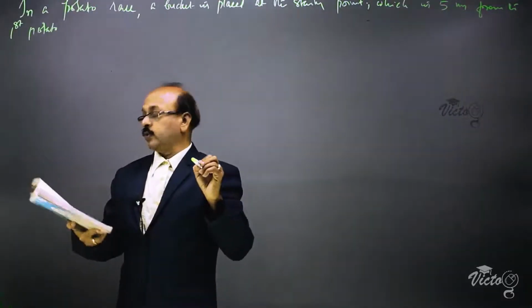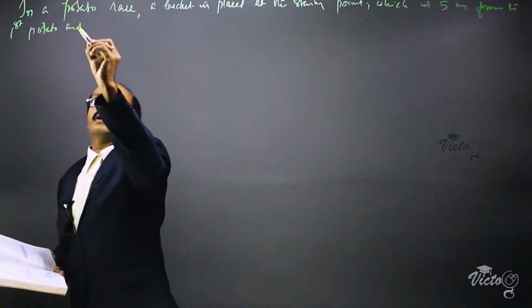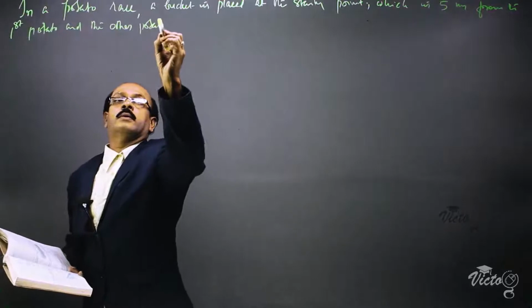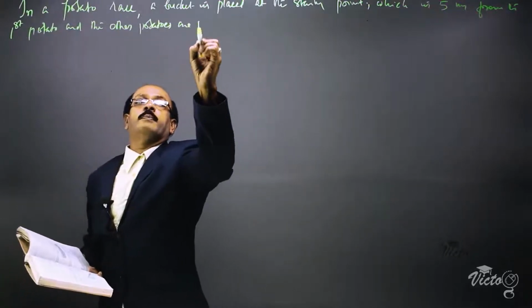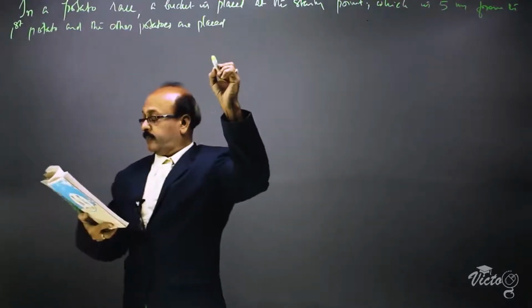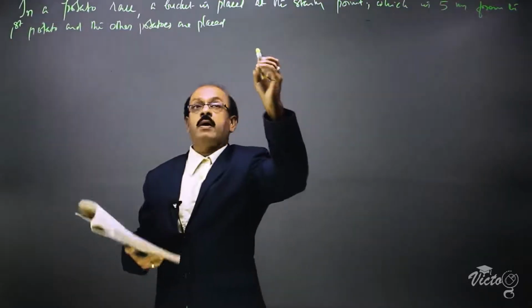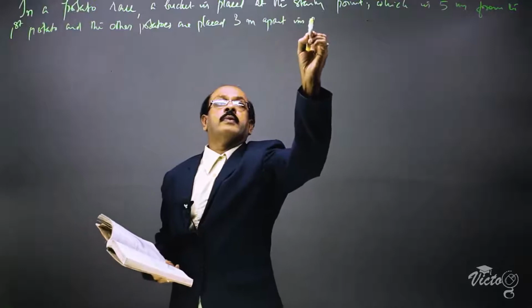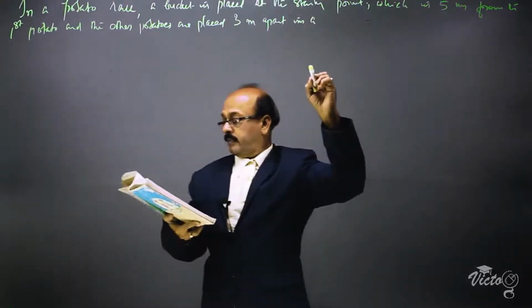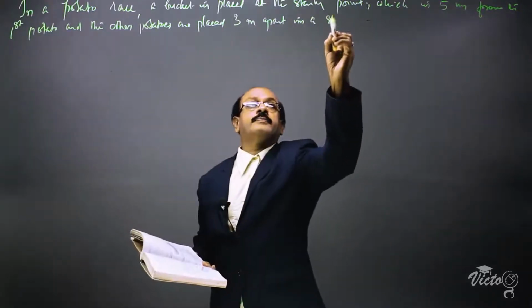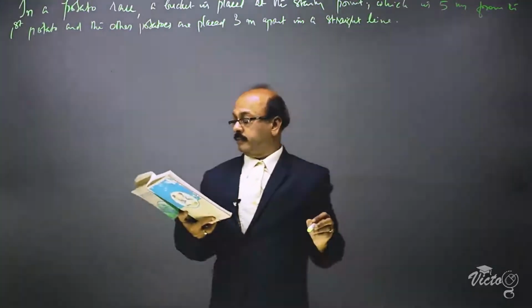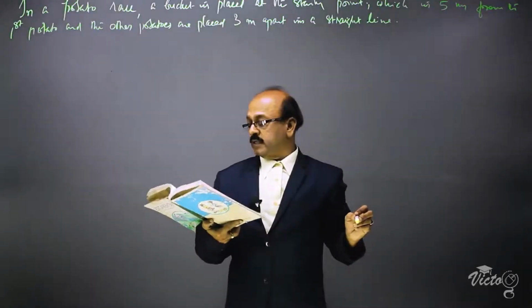And the other potatoes are placed 3 meters apart in a straight line. There are 10 potatoes in the line.